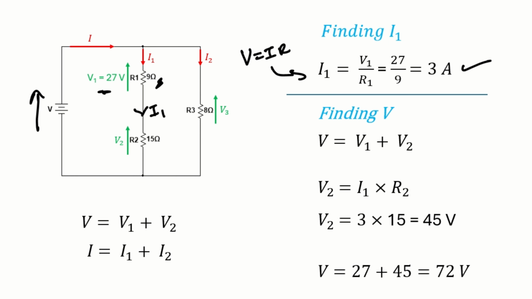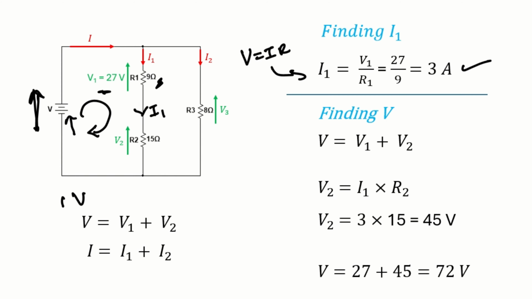Another thing that we need to find is the voltage across this battery. If you put the KVL across this loop, then we can write it as plus V, because the voltage direction across this voltage source and the loop direction are both in the same way.